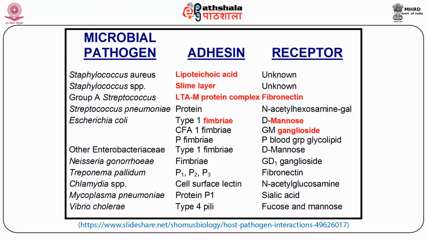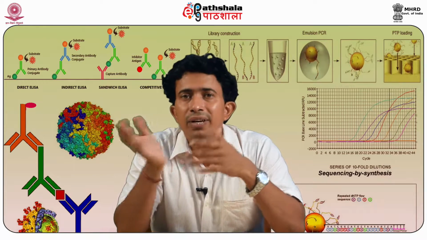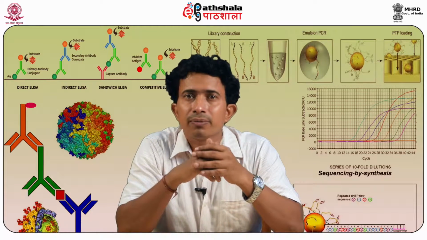In case of Treponema pallidum, P1, P2, P3 act as adhesin molecules, and fibronectin acts as receptor. In case of Vibrio cholerae, which causes cholera, type 4 pili act as adhesin, and fructose and mannose act as receptor. So pathogens have devised certain ways to damage the host.